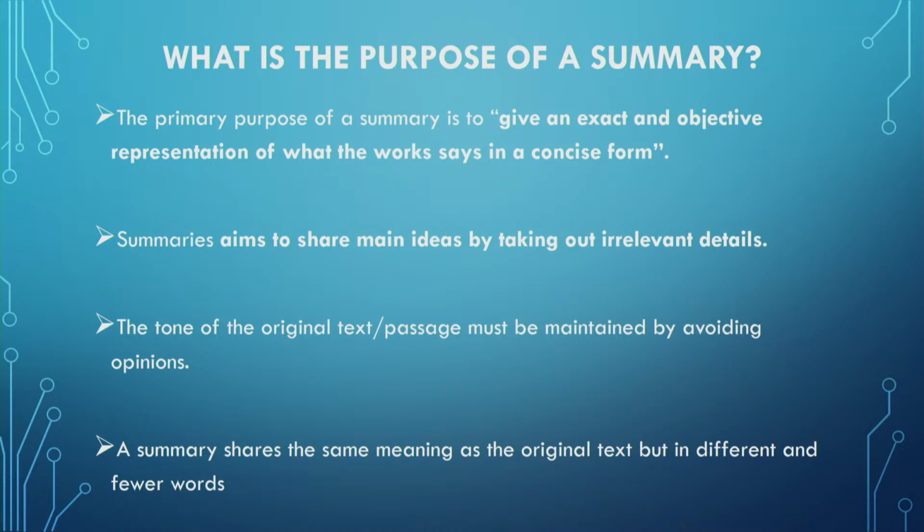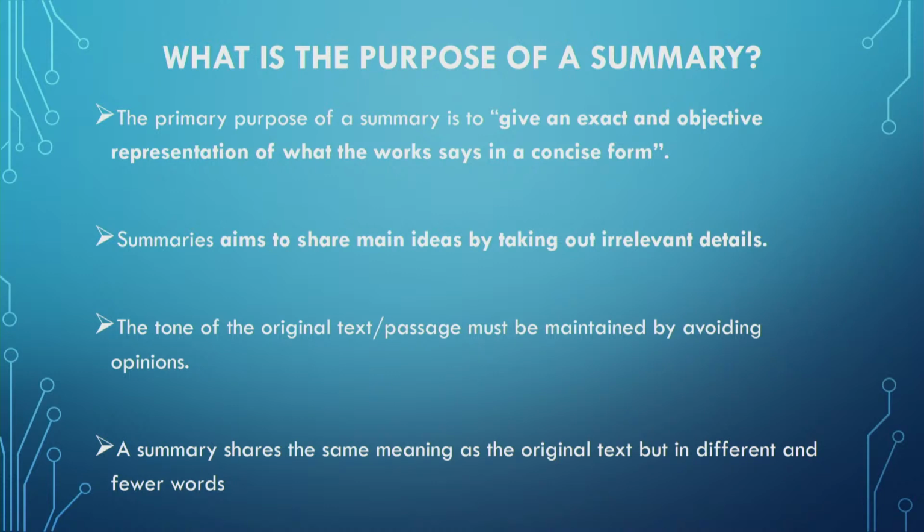So here it says that writing summaries aims to share main ideas by taking out irrelevant details, meaning that we take relevant details, use them, and the irrelevant ones we discard. Then the other purpose is that the tone of the original text or passage must be maintained by avoiding opinions.